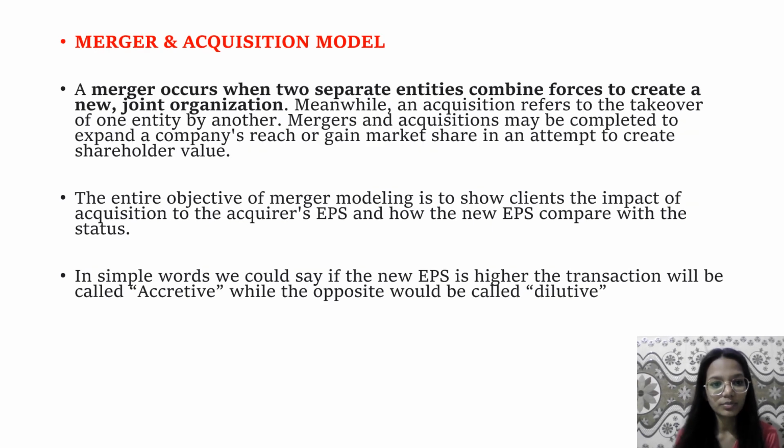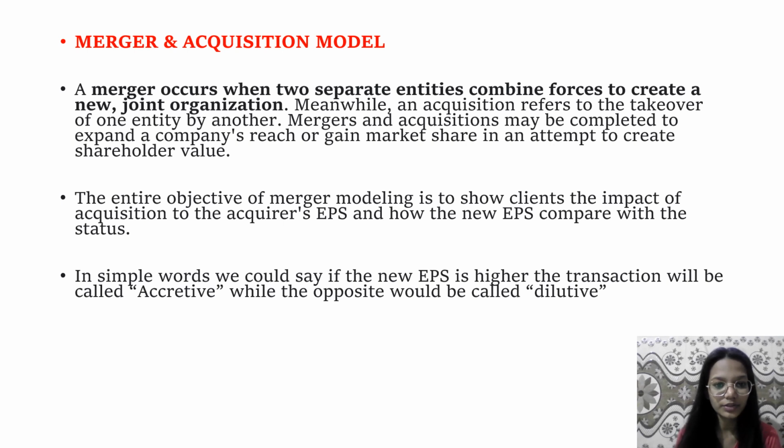Merger and acquisition model. A merger occurs when two separate entities combine forces to create a new joint organization. Meanwhile, an acquisition refers to the takeover of one entity by another. Mergers and acquisitions may be done to expand a company's reach or gain market share in an attempt to create shareholder value.